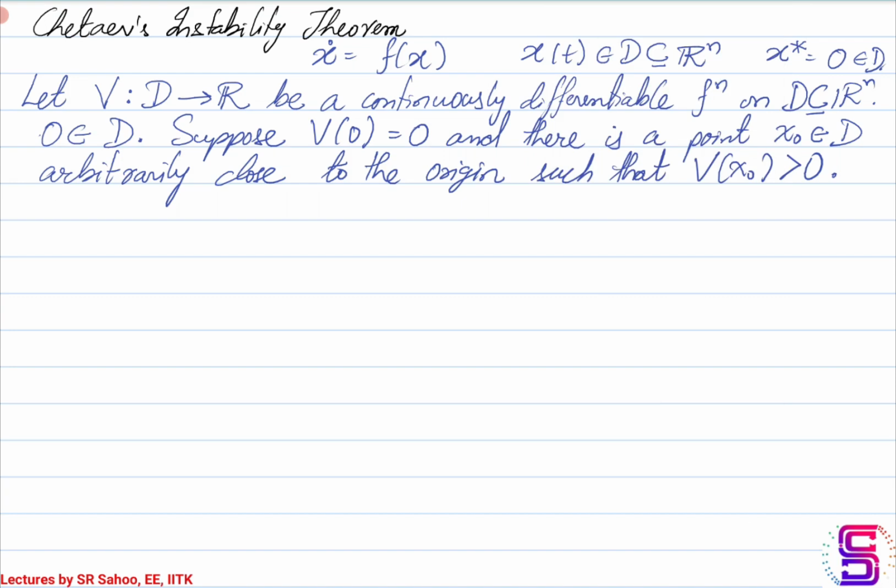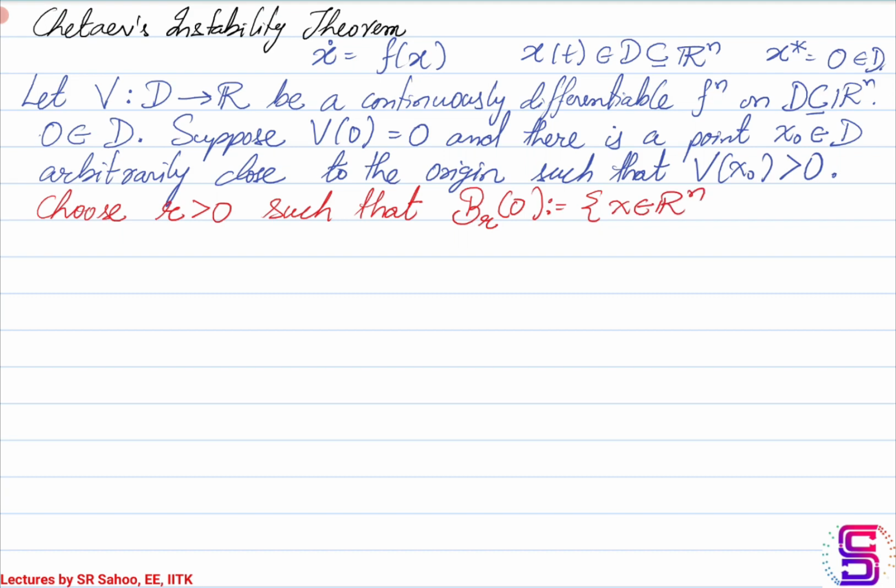Now, suppose you choose some r greater than 0 such that B_r, this ball that you are going to construct around the point 0, is the set of x in Rn which are at a distance less than r from the origin.